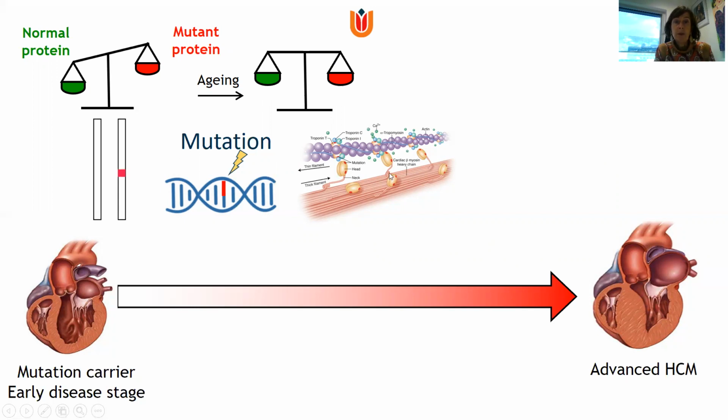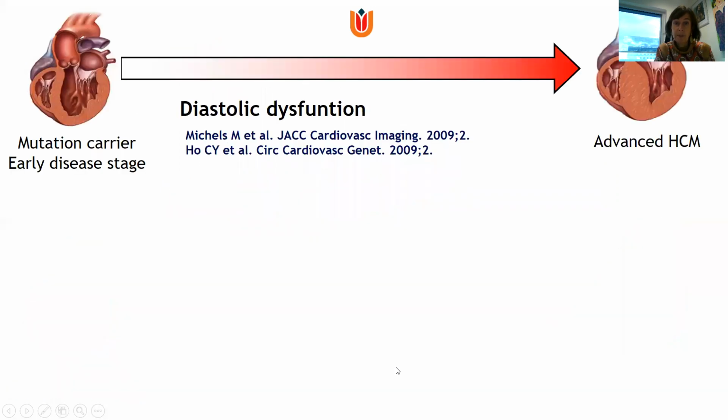And so a mutation will alter sarcomere function, and starting as basically a mutation carrier without symptoms and without remodeling of the heart, many of these mutation carriers end up having this hypertrophic cardiomyopathy.